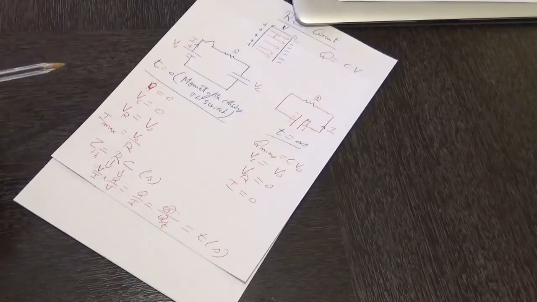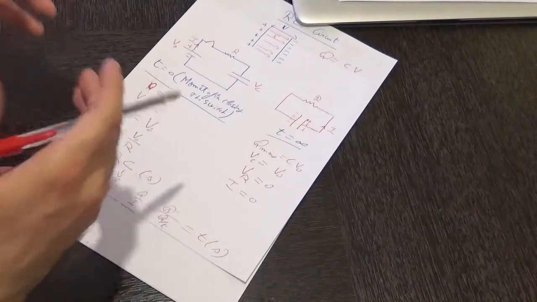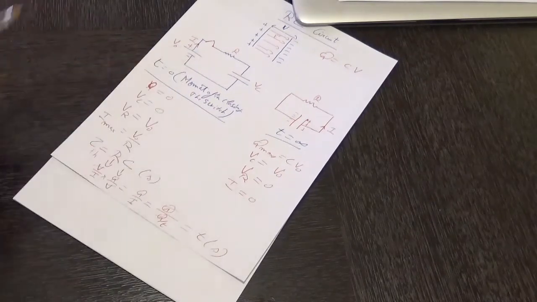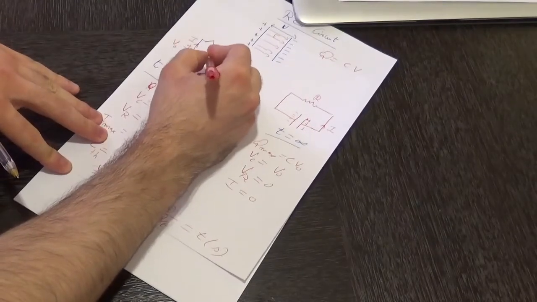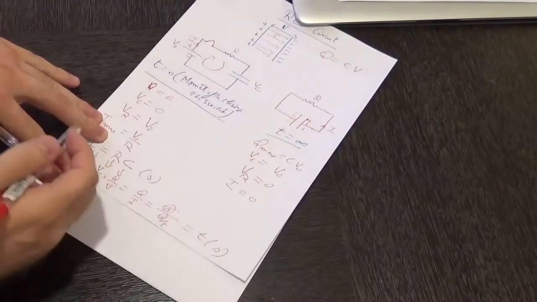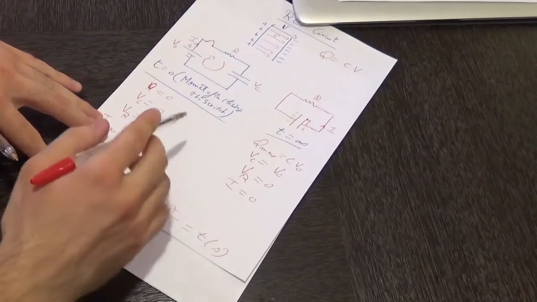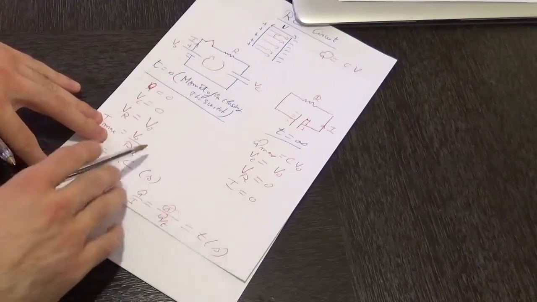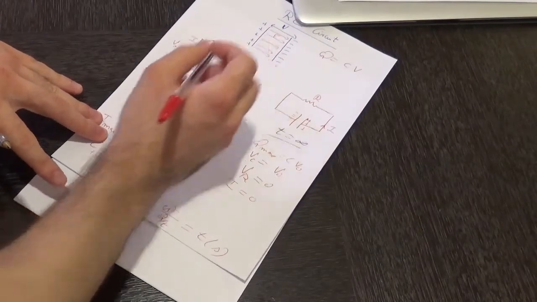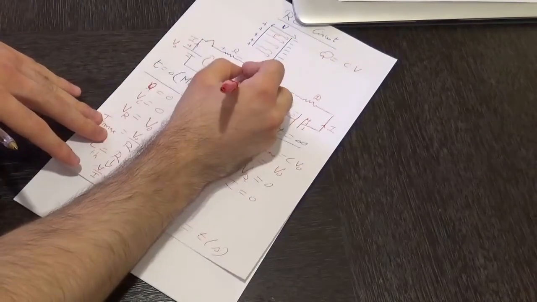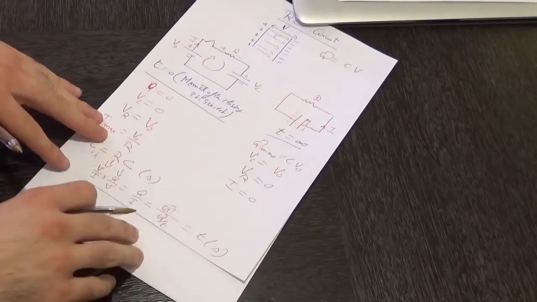To determine them, we are going to be applying KVL, Kirchhoff voltage law, within that loop. So over here we are going to consider first off a certain arbitrary direction for that loop, a clockwise direction, and then we are going to add the polarities to each electrical component in that circuit. Over here we have a plus and negative for that resistor, and over here we have plus and negative for that capacitor.